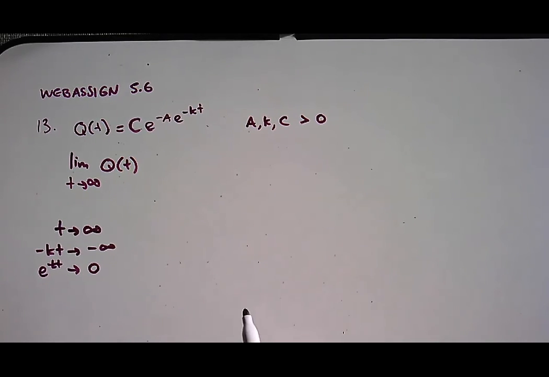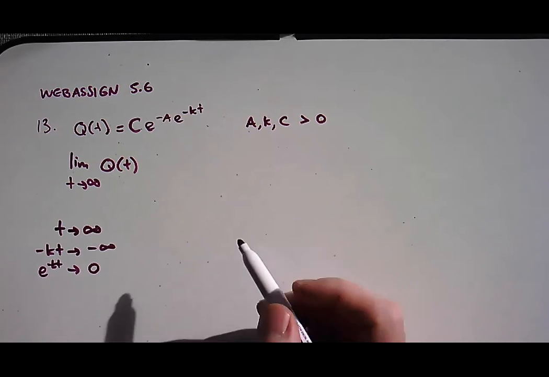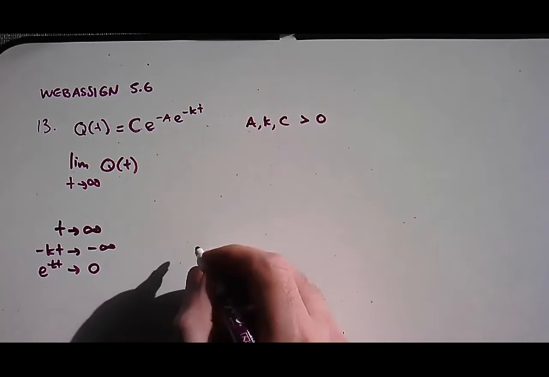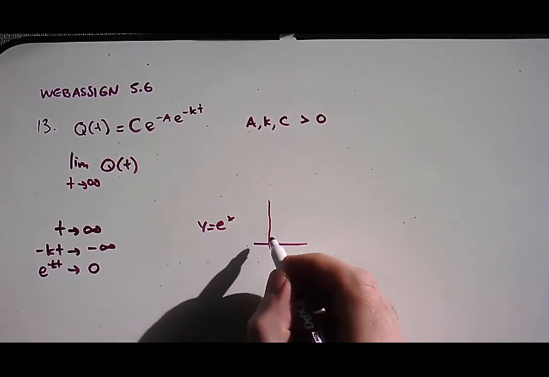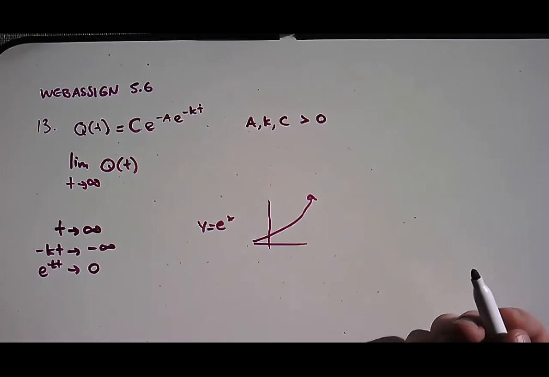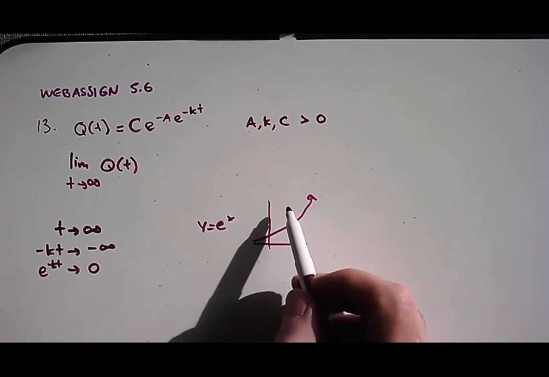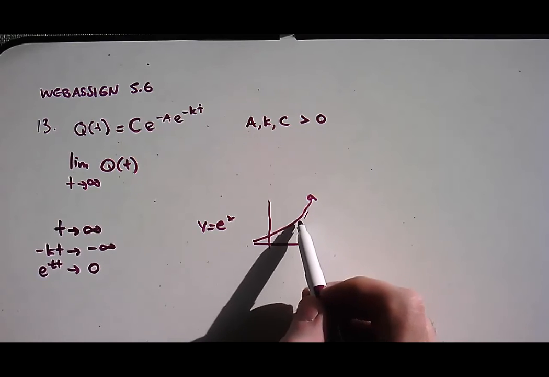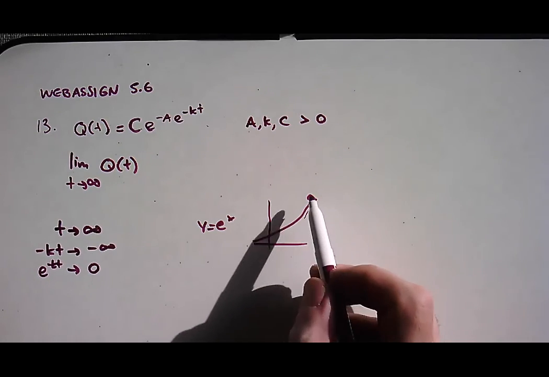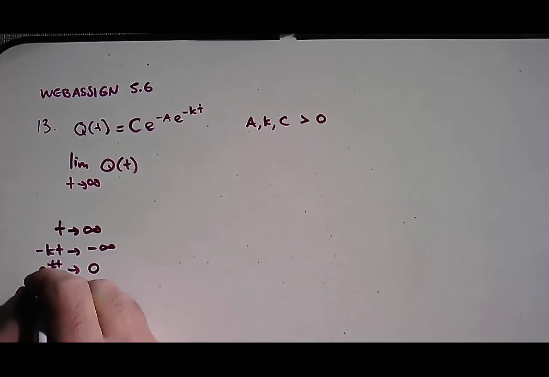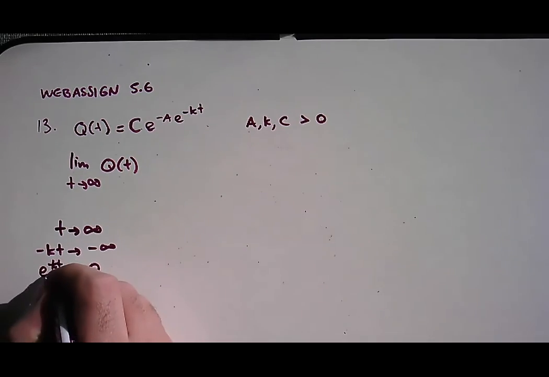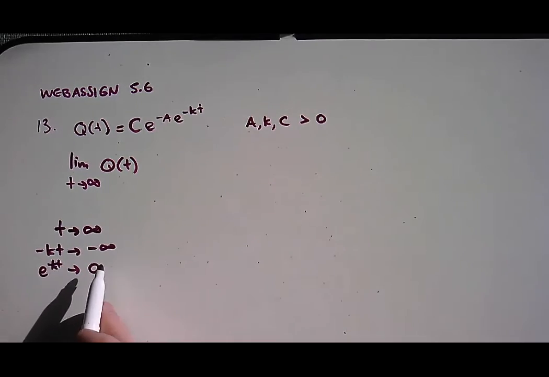We can think of that as just moving along an exponential growth curve. If we imagine y equals e to the x, we know what that graph looks like. It looks like this, exponential growth. If we take the limit as the exponent goes to negative infinity, that'd be taking the limit as we move to the left, as x approaches negative infinity. So e to the negative kt, I apologize, it's a little bit hard to see that, e to the negative kt approaches 0.